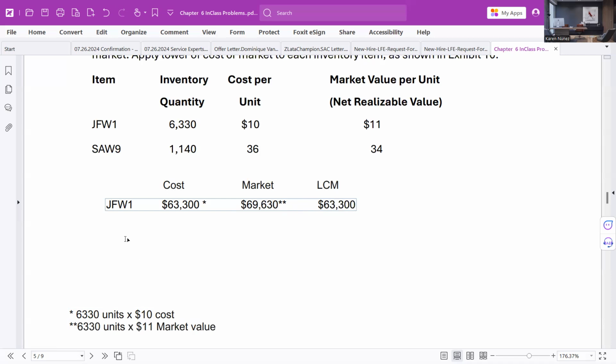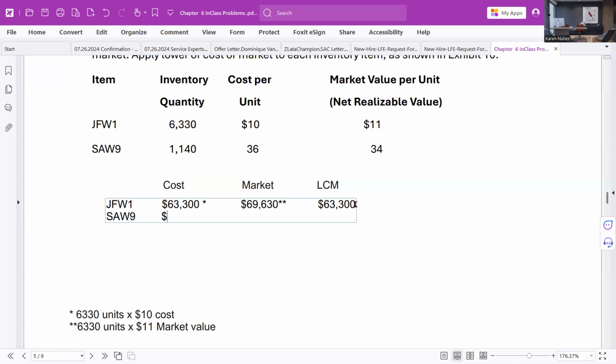Okay. And if we do the same thing here for SAW9. So the cost, and you know how to do that calculation. I'm not going to put the calculation at the bottom for you because you should be able to figure that out, right?